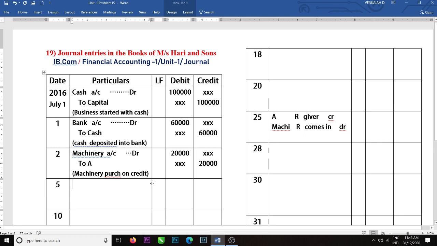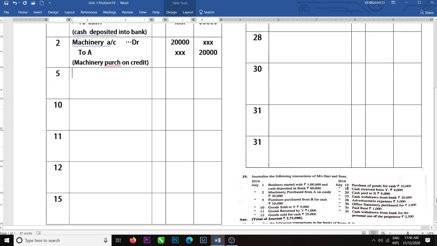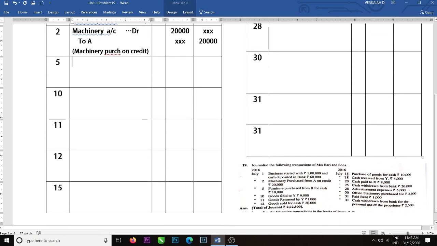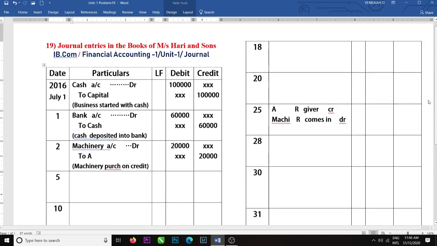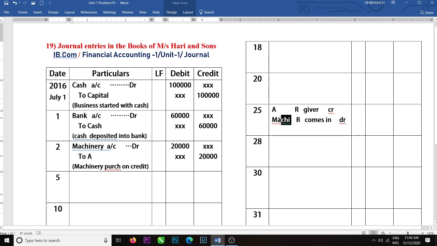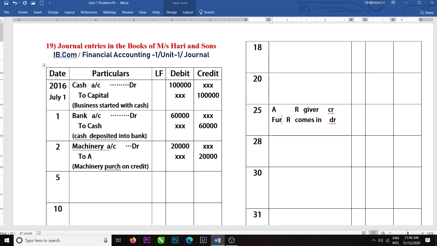Next transaction, on the 5th: furniture purchased from B for cash. Earlier, machinery was purchased from A, and on the 5th furniture was purchased from B, but for cash. We are getting furniture and paying cash. Furniture is a real account and cash is also a real account.